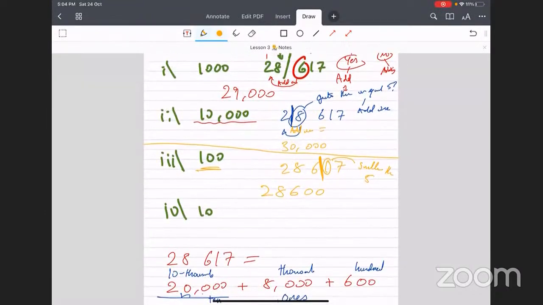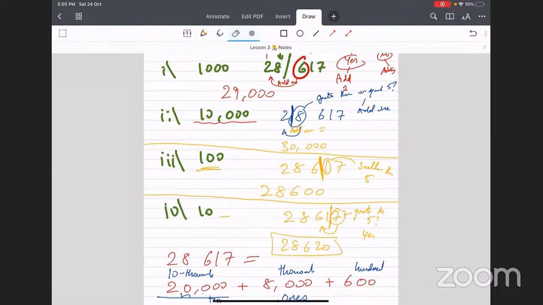To the nearest 10, then check the 7. Is 7 greater than 5? Yes. So you got the point, right? You understand me now?